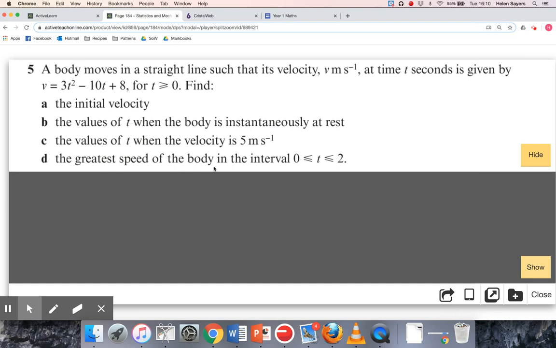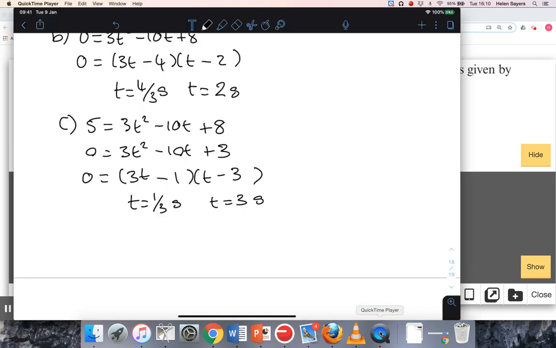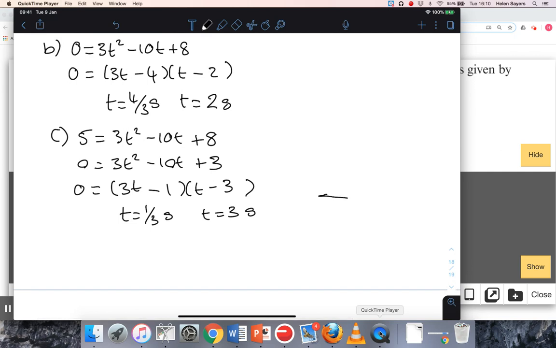And then the greatest speed of the body, okay, so that's going to be when velocity is its greatest, as it says in the question. You don't definitely need this, but let's just do a quick sketch, because from part B, we've got the two intercepts. So there's an intercept of 4/3 and 2 seconds.